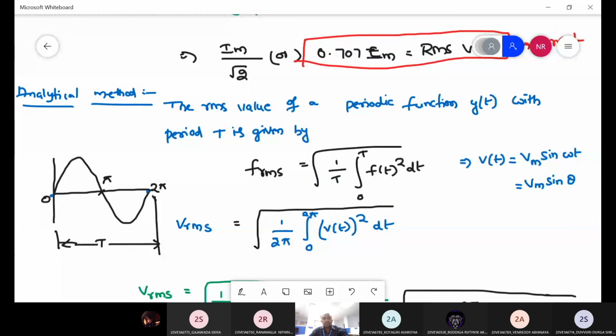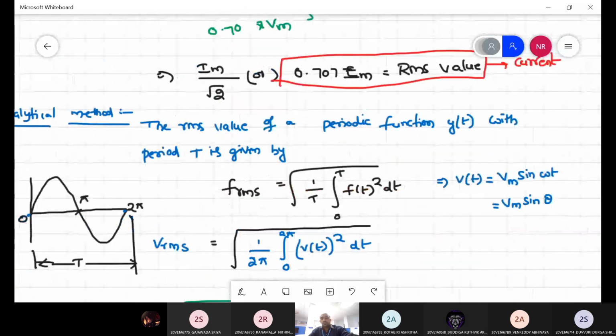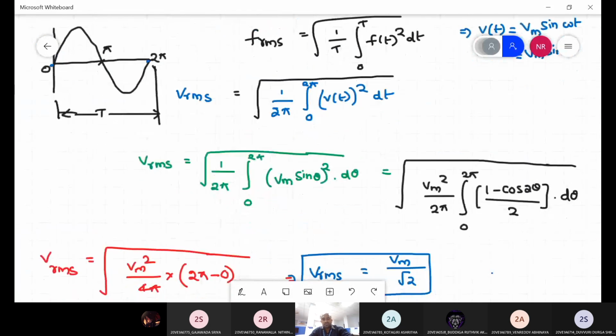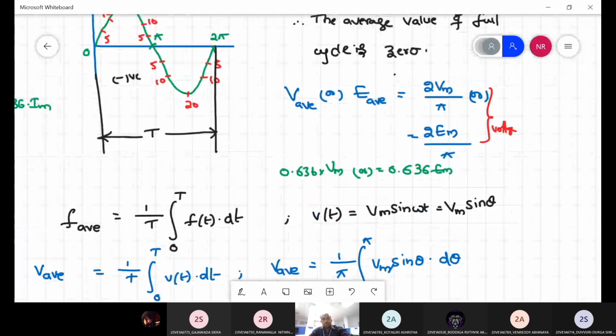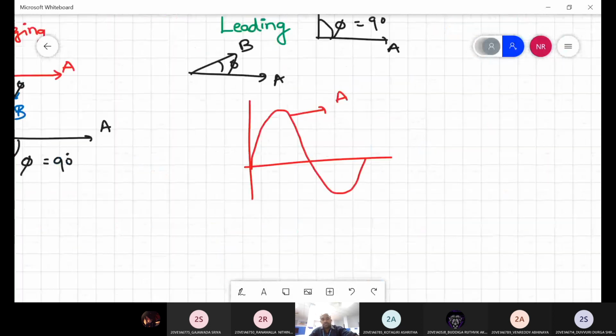Here we have the derivations for how to calculate the RMS value, and the average value also.